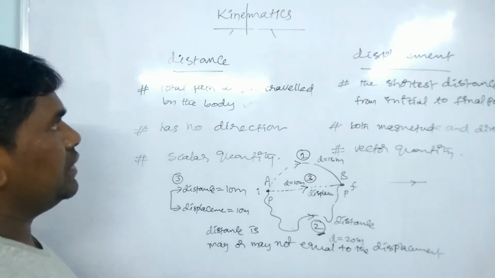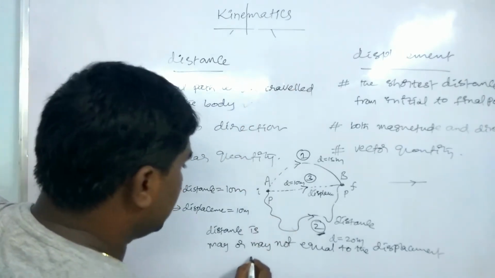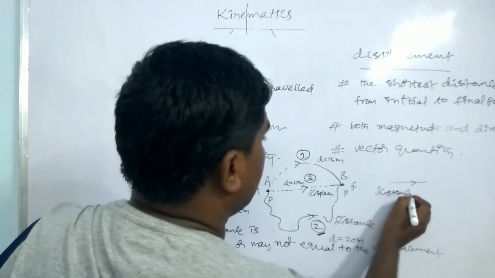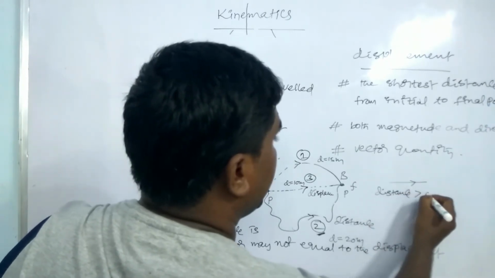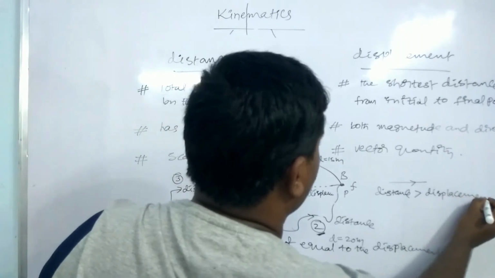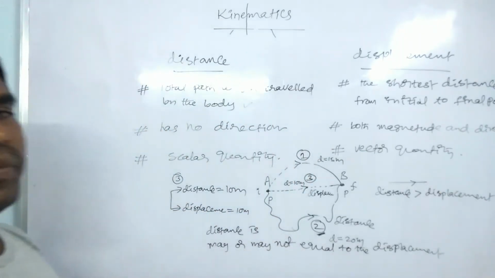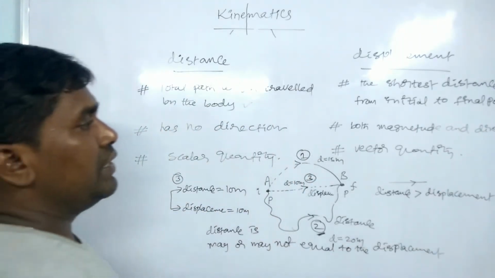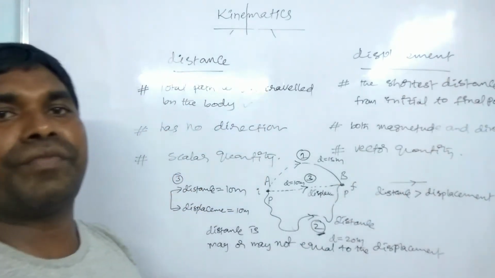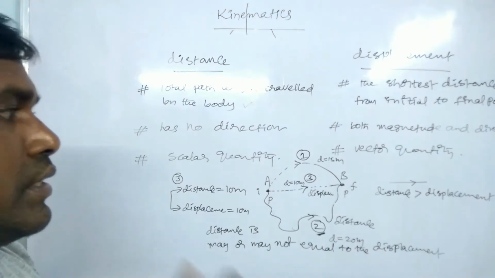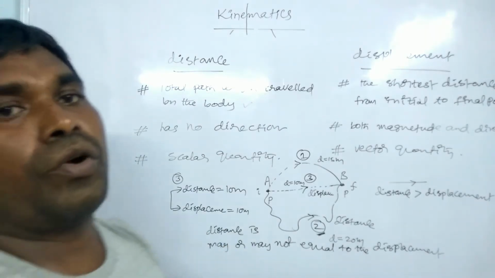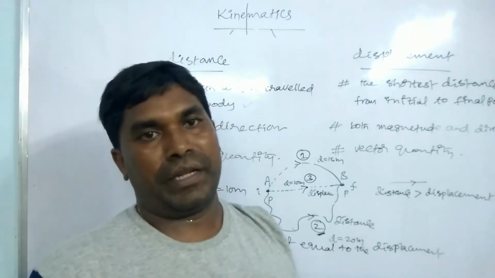But one more thing, distance is always greater than or equal to the displacement of the body. Why? Because displacement is nothing but the shortest distance between the initial and final points, while distance is the total path length covered by the particle.